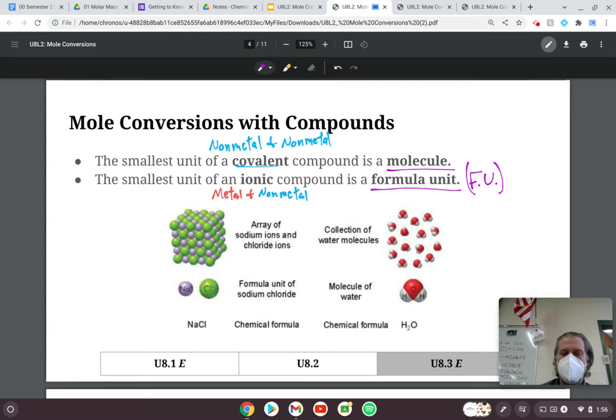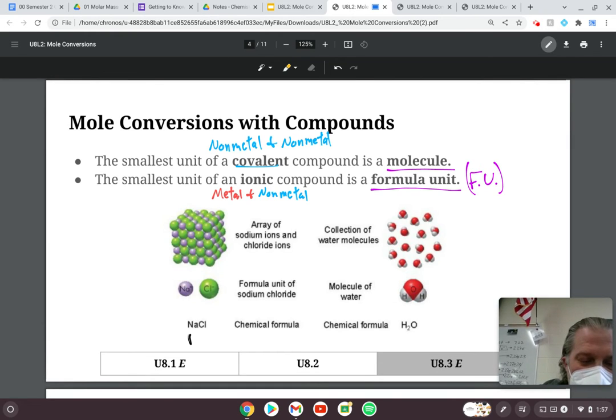Now, let me try to explain a little bit of what's going on here. An individual molecule of water has a formula of H2O. That actually translates to 2 hydrogens and 1 oxygen combined together to make water. So every individual water molecule has 2 hydrogens and 1 oxygen. But in an ionic compound, NaCl, for example, on this particular slide, that doesn't mean that there's one Na and one Cl.